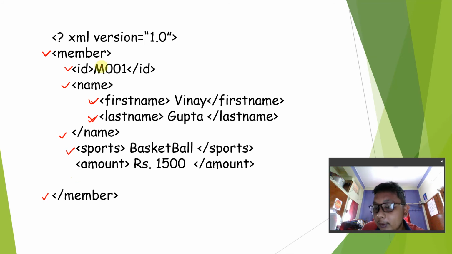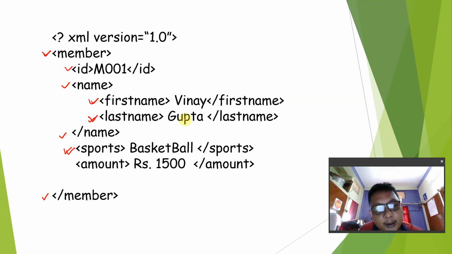So as an example, I am taking basketball for the member Vinay Gupta, that he is interested in basketball. So I will have to display the information basketball inside the sports tag. That's why inside the sports tag I have used the content basketball.